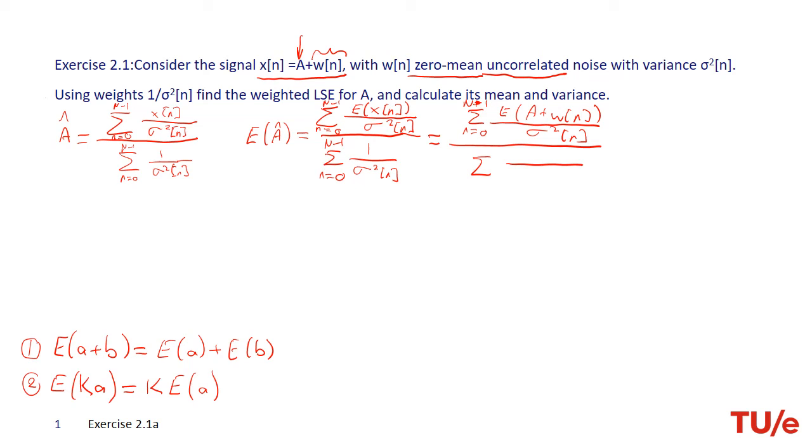So the expected value of A, capital A here, is just A. It means I have the summation of A divided by sigma squared n plus the summation of the expected value of omega n, the noise samples, divided by sigma squared n.